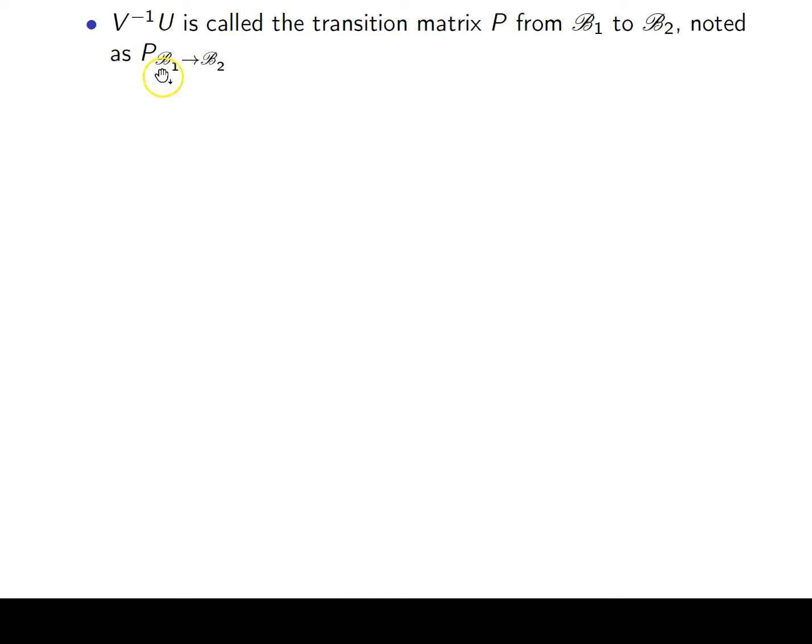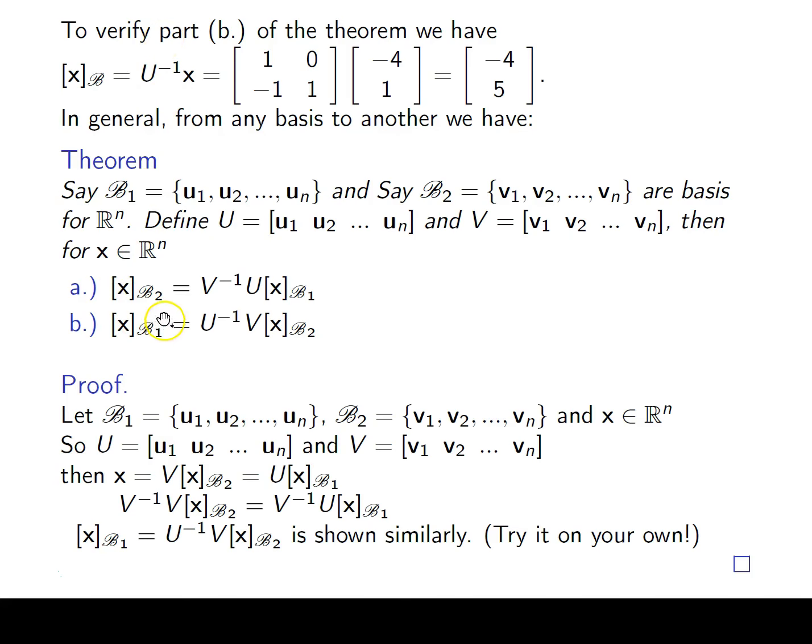To go from B1 into B2, I multiply the vector I have by V inverse U. So V inverse U is the transition matrix I'm going to use.